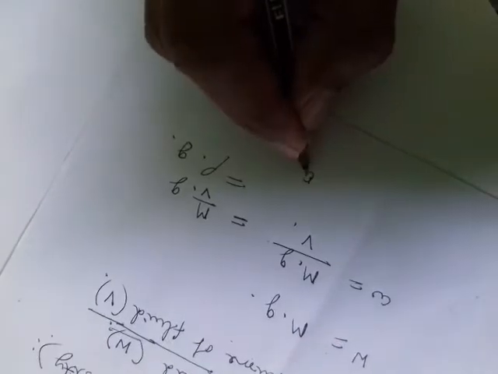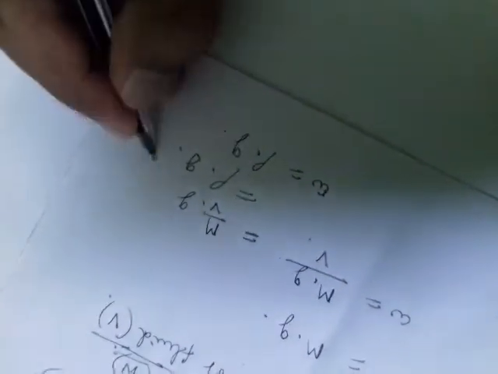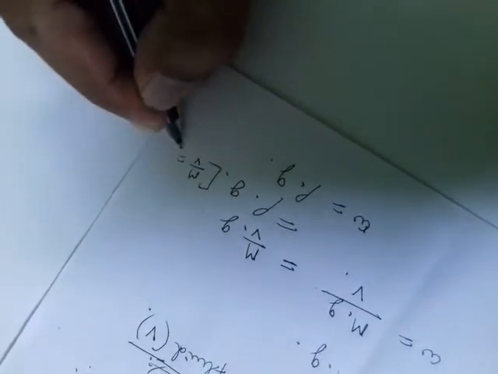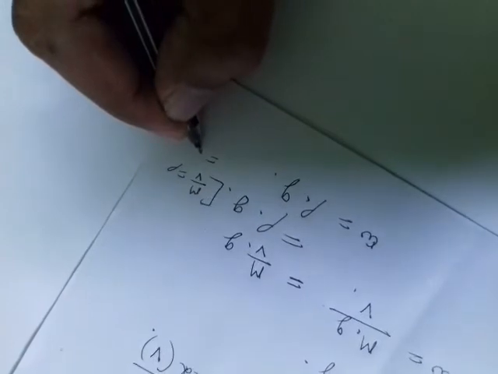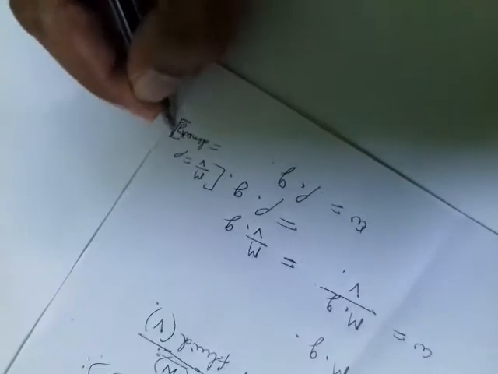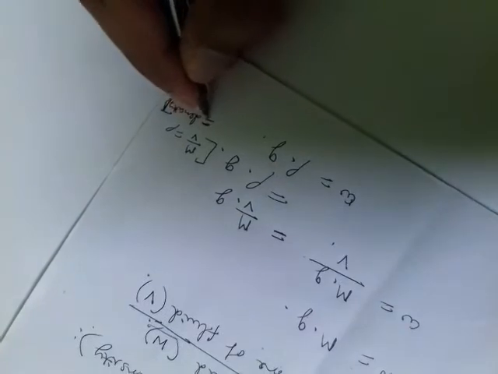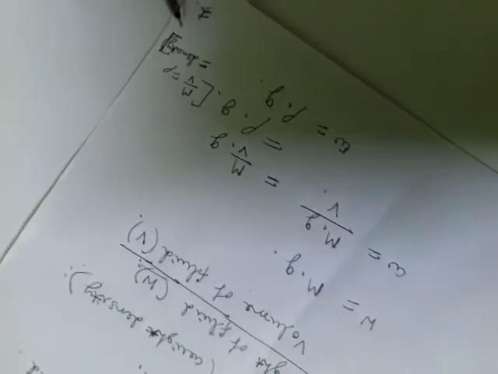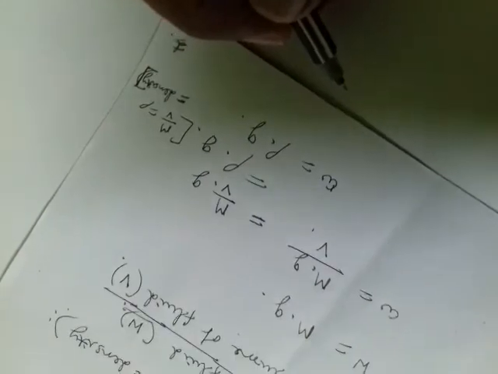So actually small w equal to rho into g, where m by V equal to rho equal to density. But in your physical science chapter, in most of the books the density is denoted as small d, but here we shall denote it as rho. So actually small w equal to rho into g.